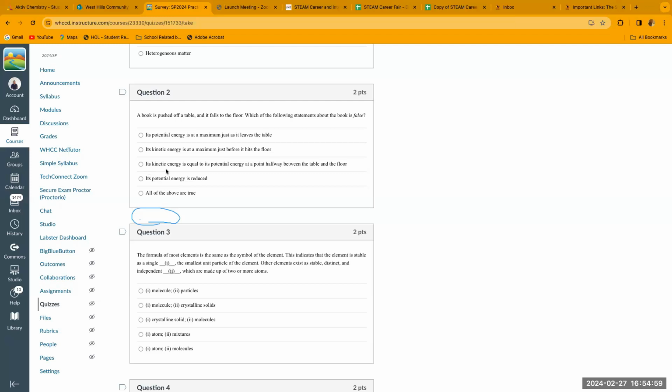C, its kinetic energy is equal to its potential energy at the halfway point between the table and the floor. D, the potential energy is reduced. E, all of the above are true.